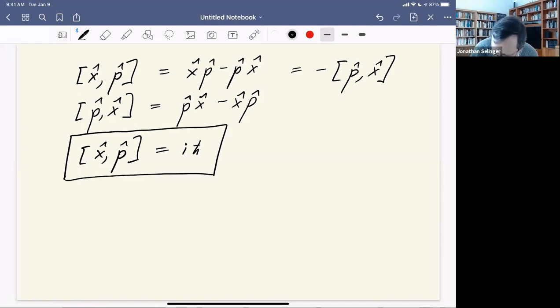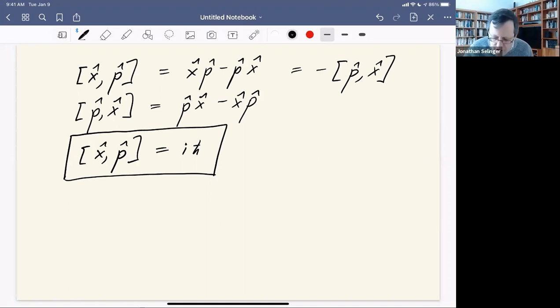Okay, so this is an important application of what we've done so far to quantum mechanics, to the typical operators, the position and momentum operators that we work with in quantum mechanics.